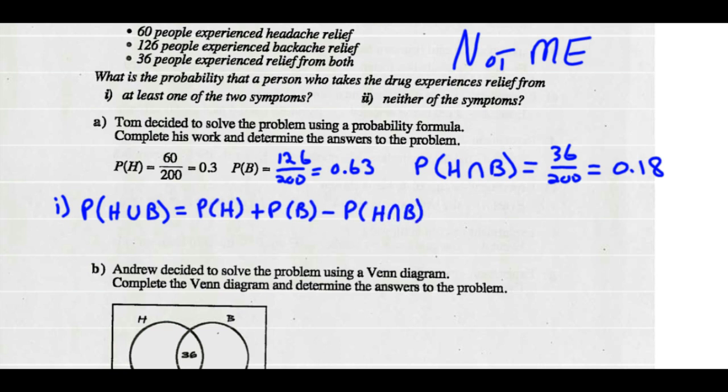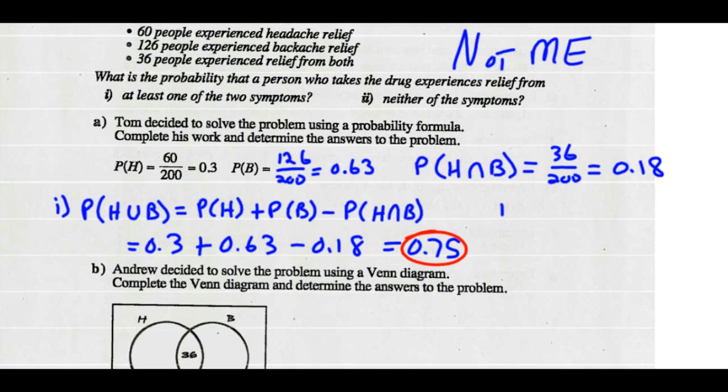All right, both. So we'll substitute in. The probability of relief from the headache is 0.3, relief from the backache is 0.63, and relief from both is 0.18. All right, so if you work that out, we come up with 0.93 minus 0.18, which is 0.75. Great.